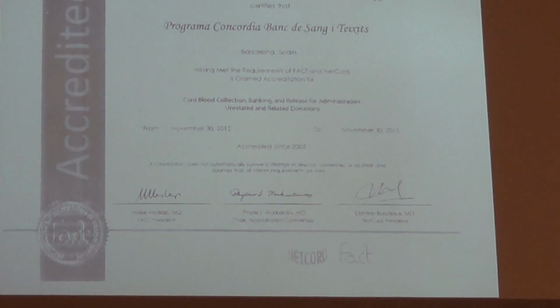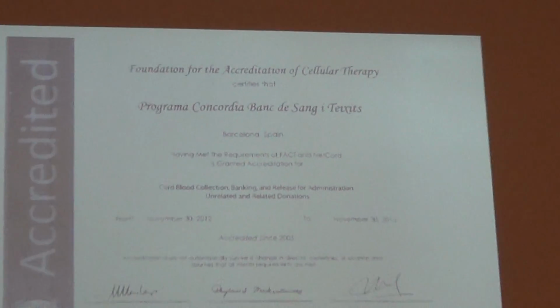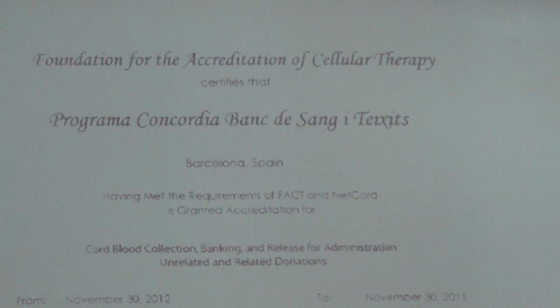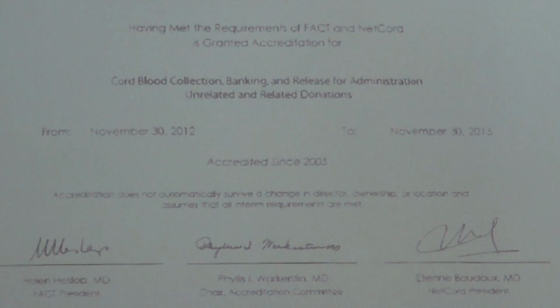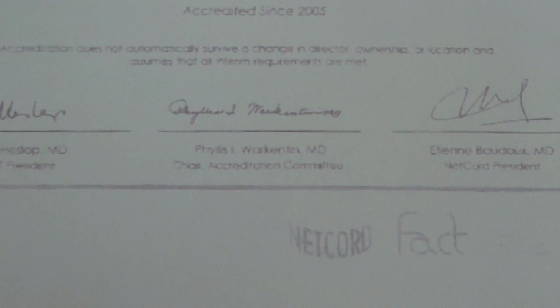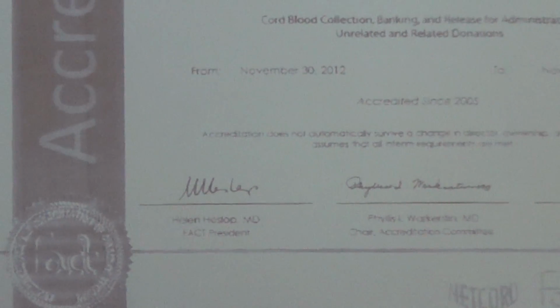I think this is a good thing because we have a model that is a worldwide model to follow and that defines what is a cord bank and defines what is the minimum level of quality that you need to have. And I think what is advisable is that if you want to run a cord bank, you need to concentrate on how to do it according to these standards.